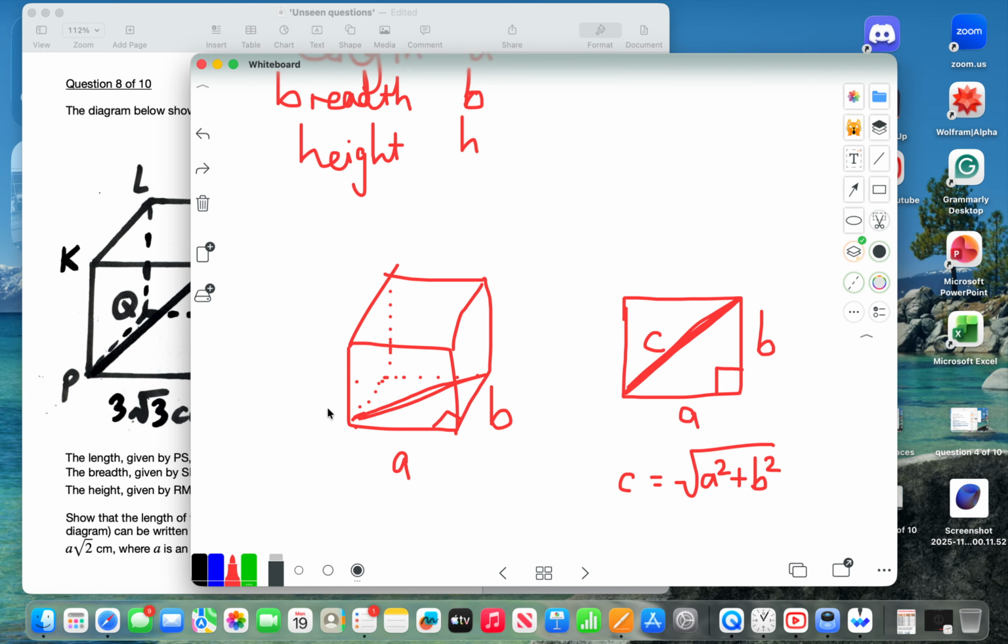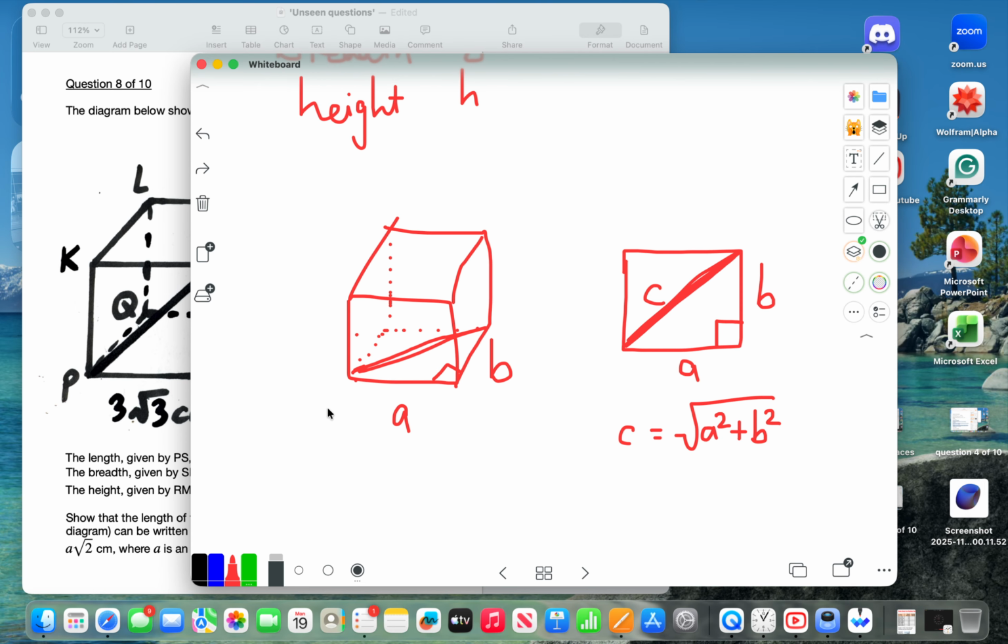But then we can introduce three-dimensional Pythagoras, and well, we have this diagonal C is the face diagonal, and we have this is H, so that is C and that is H. We can then find, suppose we're going to call D as this diagonal, which is this one.